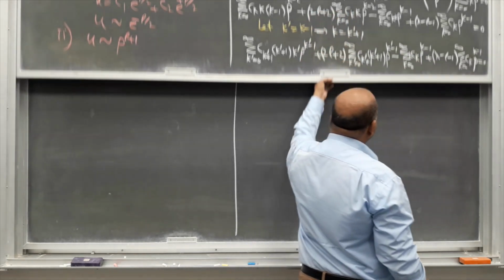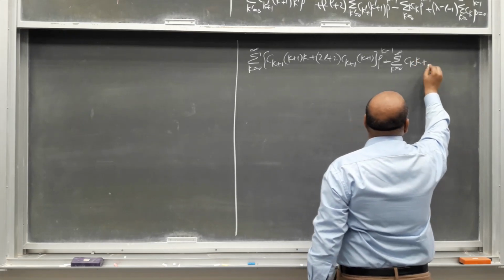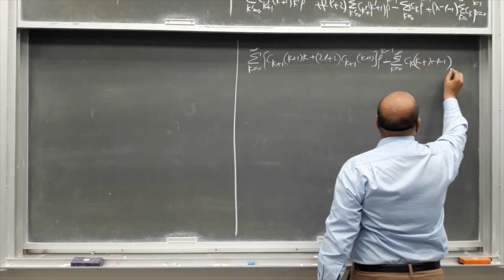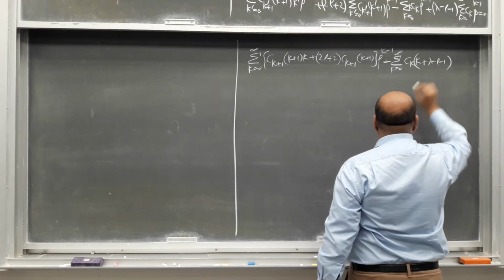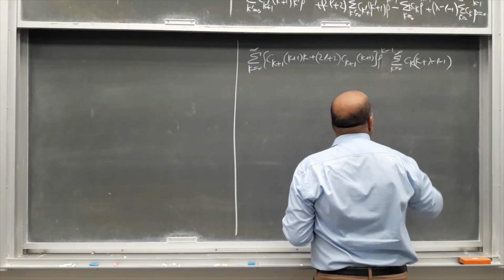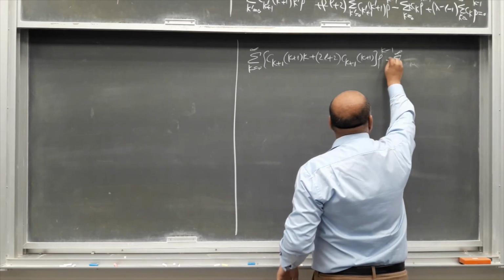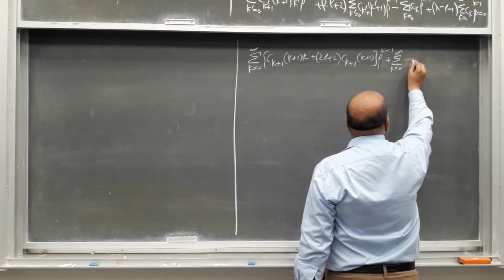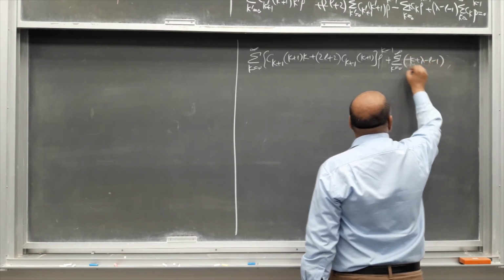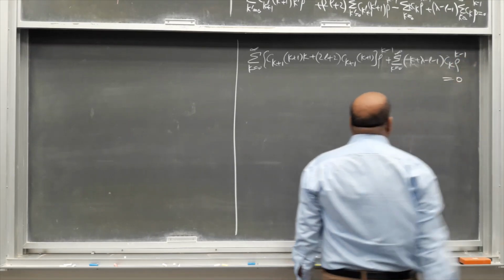So this k becomes c k plus lambda minus l minus 1. Sorry, this is mixing up. So let me put a plus sign here. Then I can write minus k plus lambda minus l minus 1 c k rho power k minus 1 equal to 0.